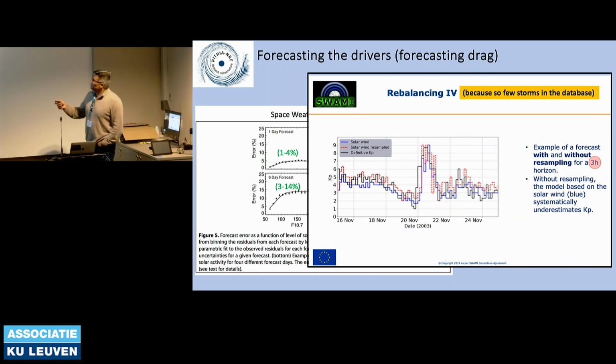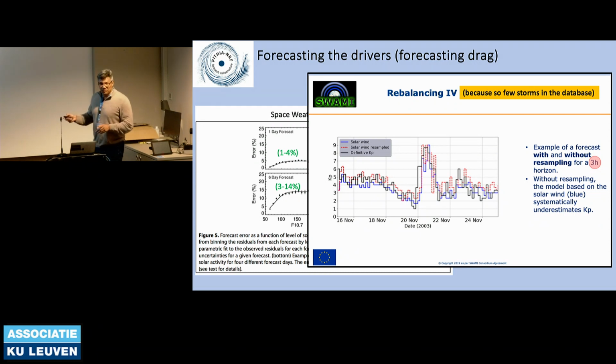And so what they did in their model is indeed you have a number of extreme events in your database and you simply create 100 times more. Otherwise, through the numbers of quiet times, the intense effects are just drowned out, and your model focuses mostly and will have the best results for the quiet times.